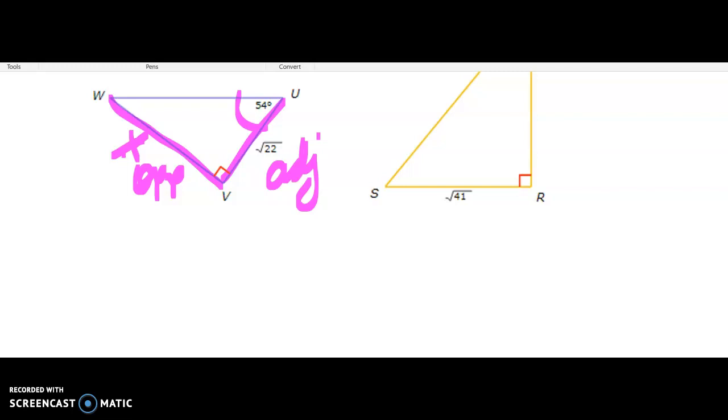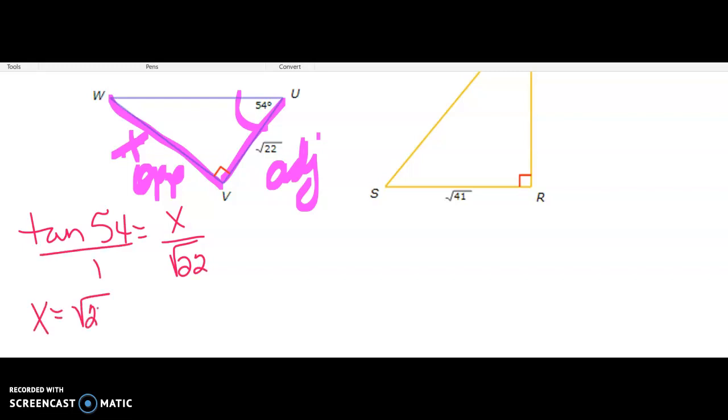Opposite over adjacent is tangent. Tangent 54 equals opposite, which is x over adjacent, square root of 22. Put that over 1, so 1x equals square root of 22 tangent 54. 6.5.